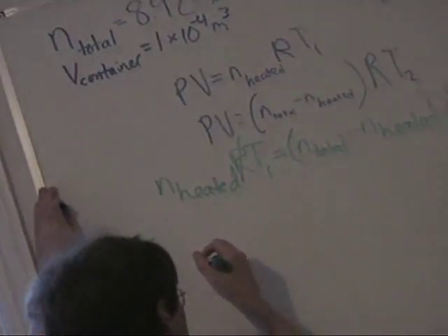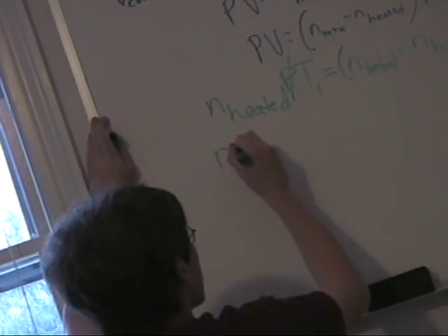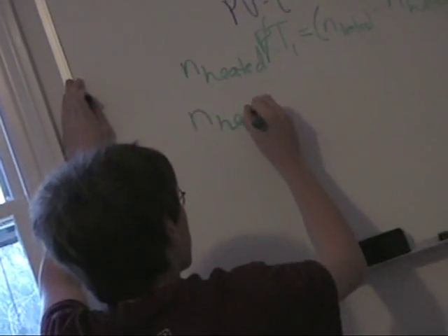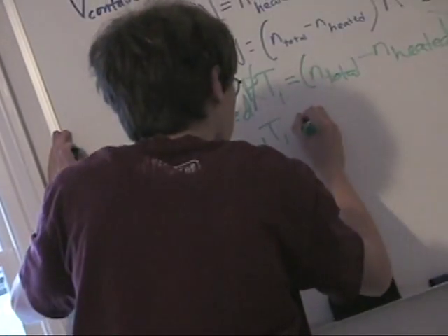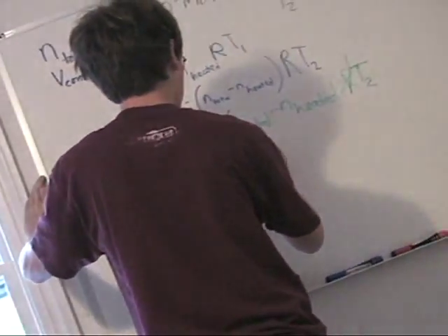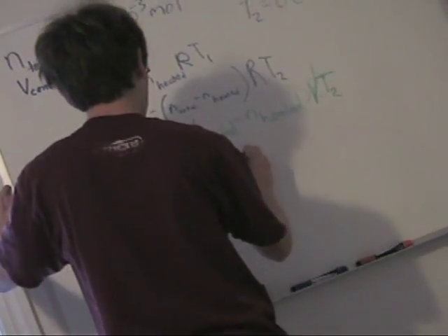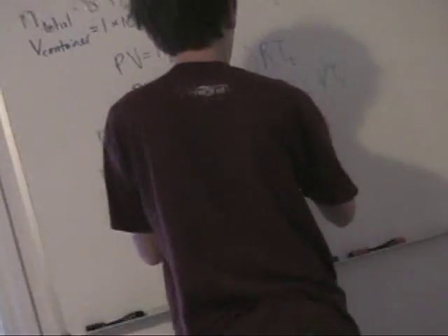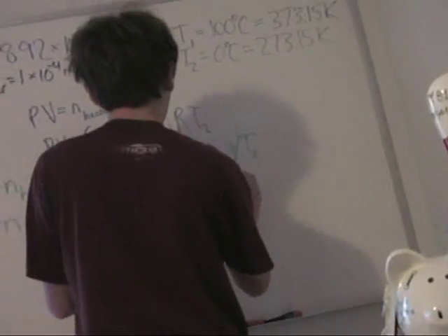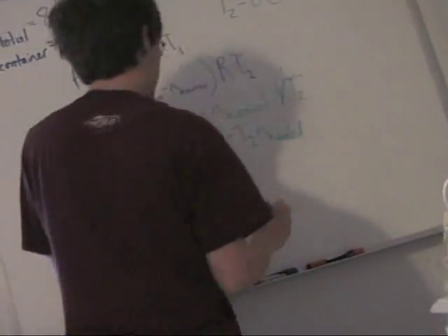If we distribute this, we get N heated T1 equals T2 N total minus T2 N heated. So you can see.